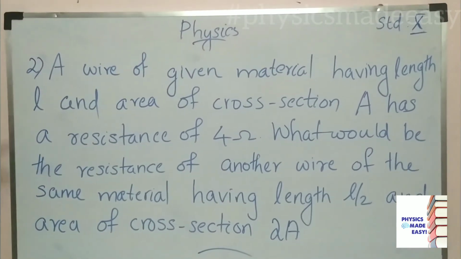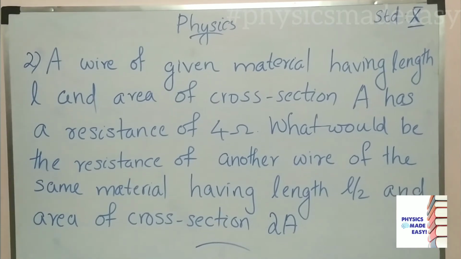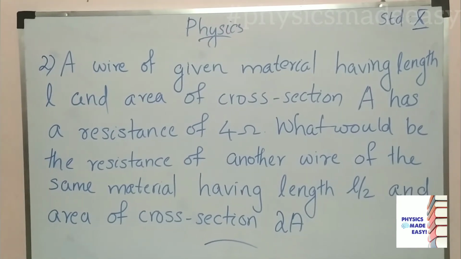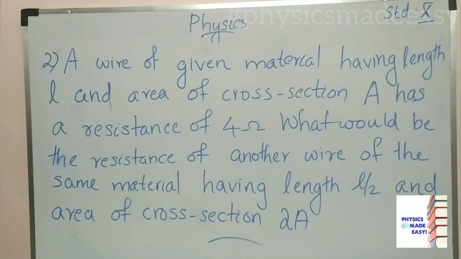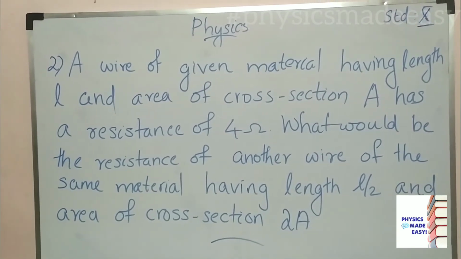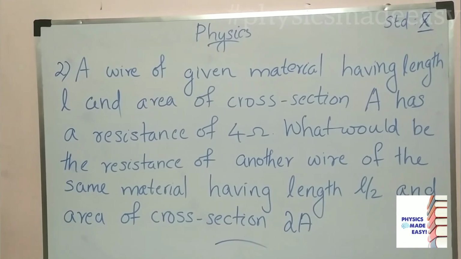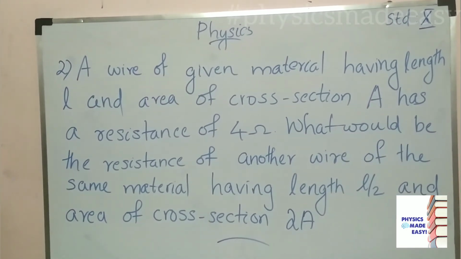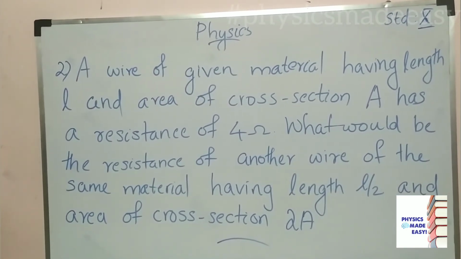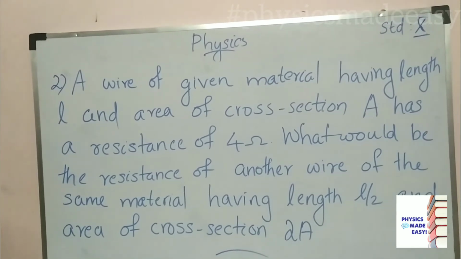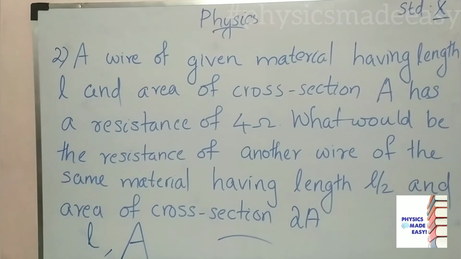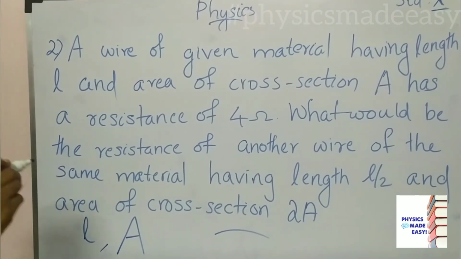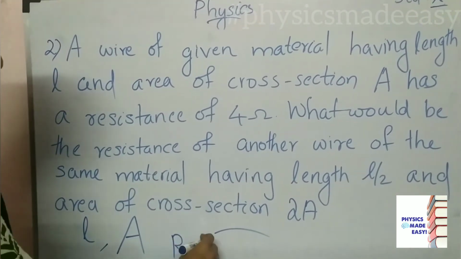A wire of given material having length L and area of cross section A has a resistance of 4 ohm. What would be the resistance of another wire of the same material having length L by 2 and area of cross section 2A? Here it is given as a wire of given material having length L and area of cross section A. It has a resistance of 4 ohm.